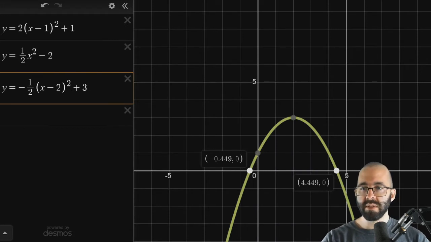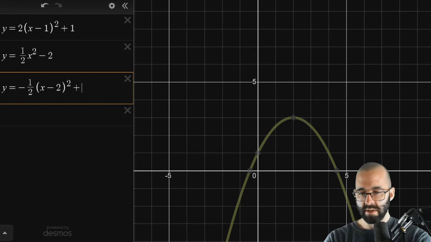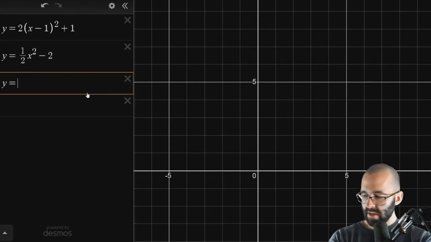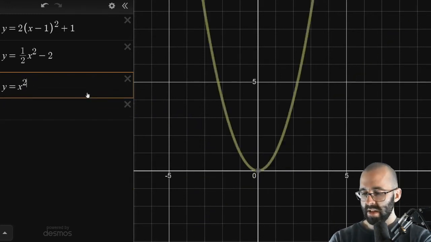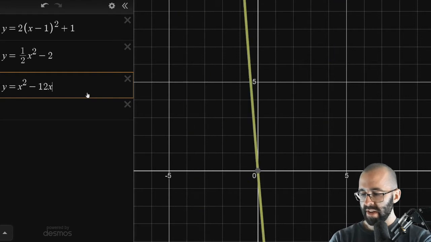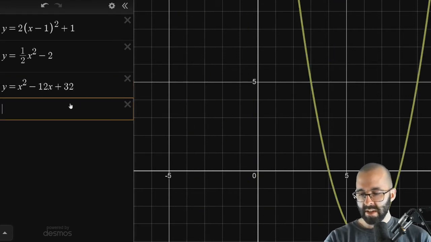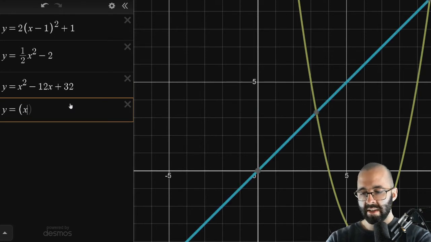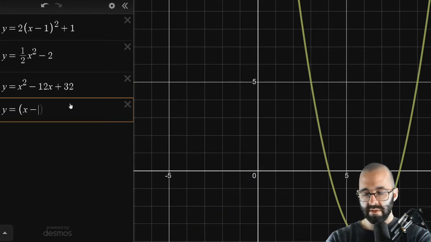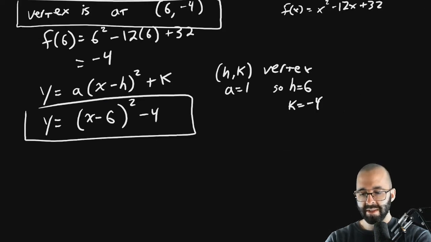Let's use Desmos. So first, let's plot the original problem. x squared minus 12x plus 32. Is that the same as our answer of y equals x minus 6 squared minus 4?